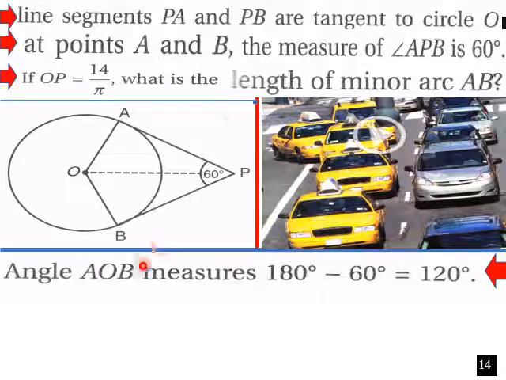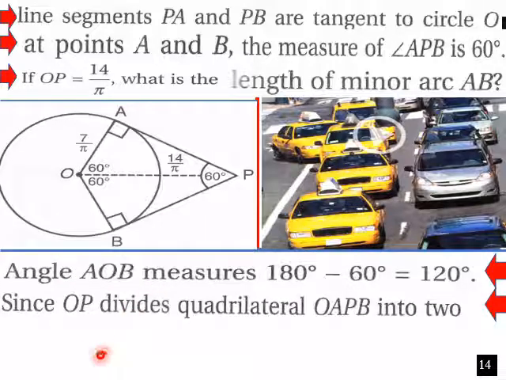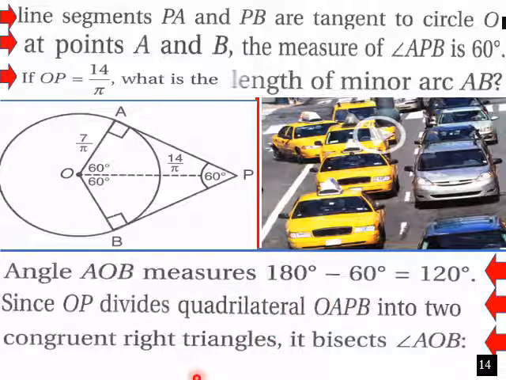Angle AOB measures 180 minus 60, which is 120. So this angle measure here is 120. Since OP divides quadrilateral OAPB into two congruent right triangles, it bisects AOB. So we bisect here, these are 60s, and then this is going to be bisected too.